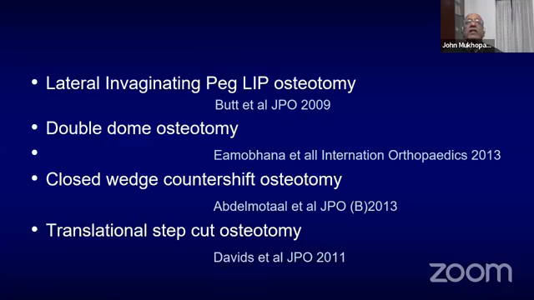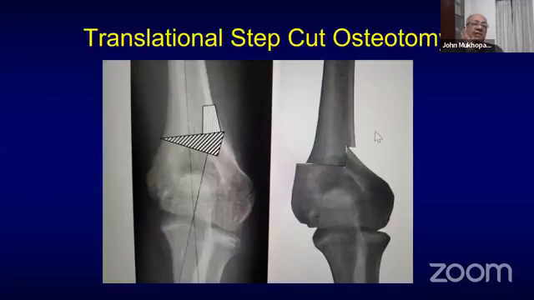The closing wedge counter shift osteotomy. Another one, the translational step cut osteotomy. This is from the Shriners, and this is how that is done, where you do a complex wedge with a cut of the bone on the upper part. And then as you correct the deformity, you can translate your bone medially so that the lateral part of your deformity is not as prominent.